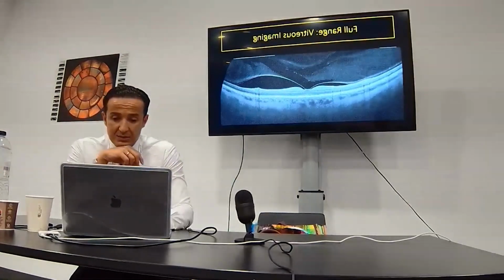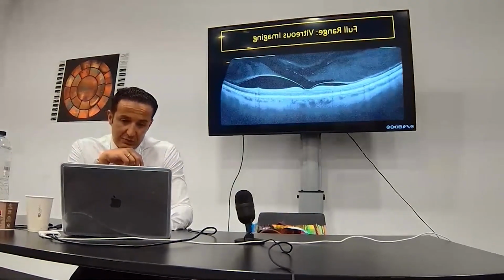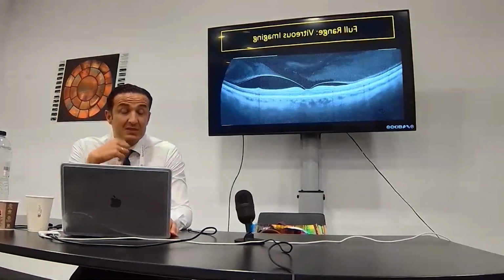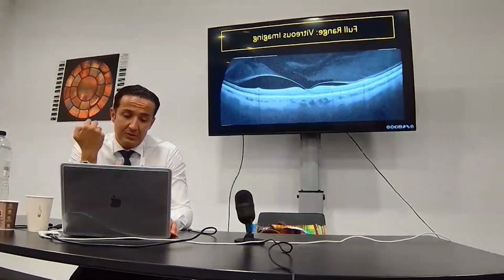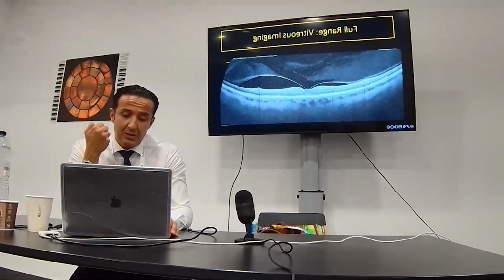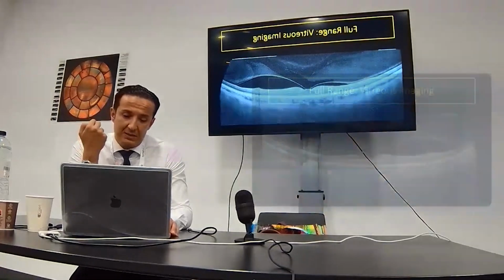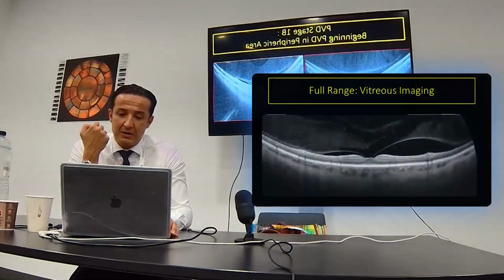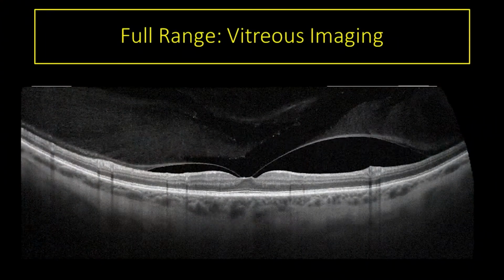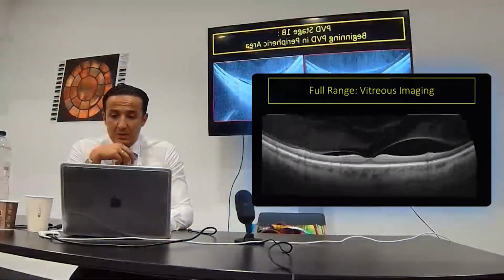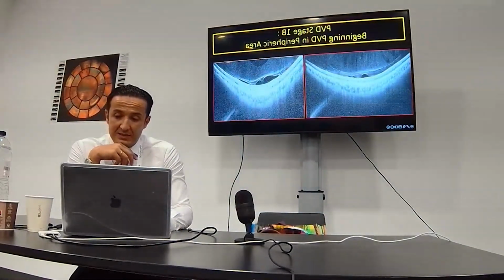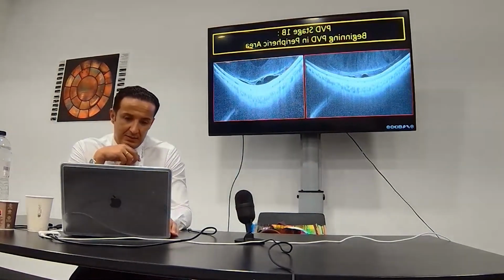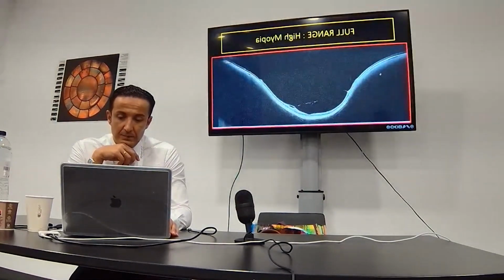And you can see also the reaction of the photoreceptor. With this very large scan, you can have some image about the interface in the arcade area where you observe the first beginning of PVD here with this schisis of posterior hyaloid in PVD.